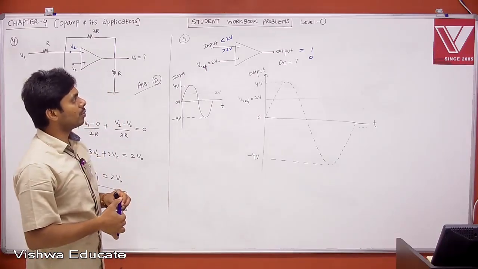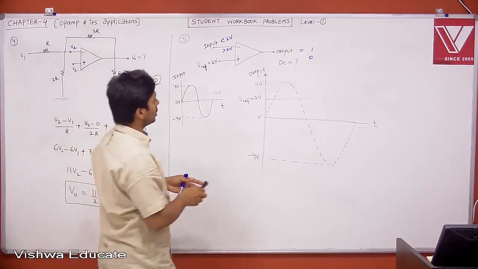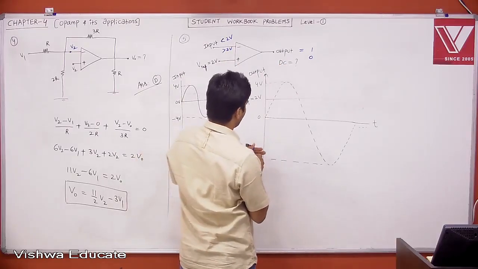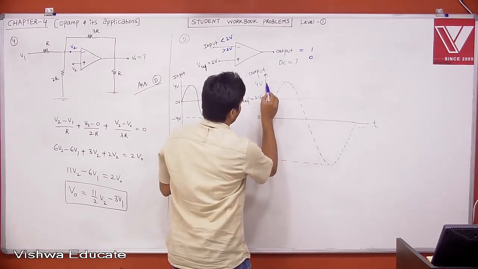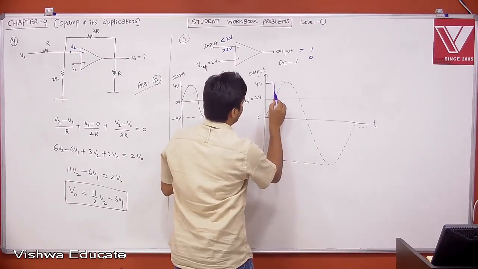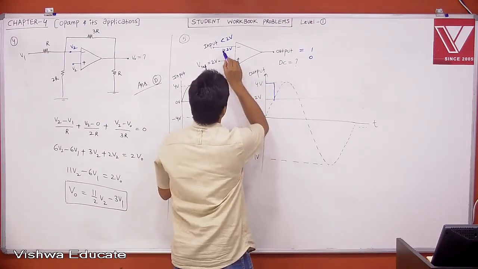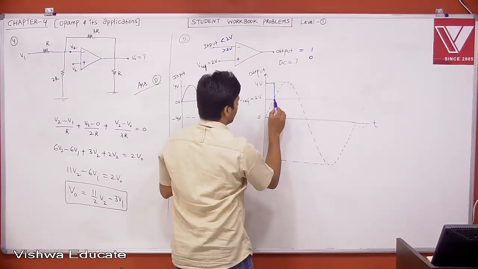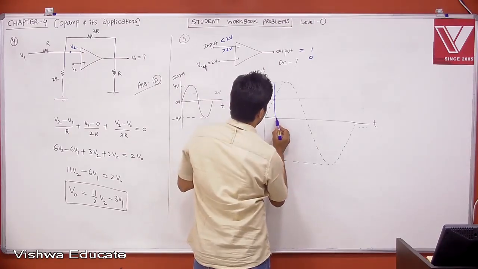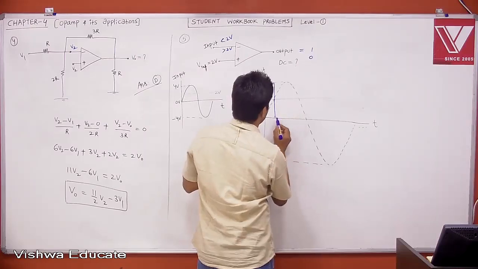I am treating it like logic 1 and logic 0. Therefore, when the input is less than 2, your output is 1. Let us say this is logic 1. And when the input is greater than 2, the output is 0. Let us say this is 0. I am just taking some logic levels.